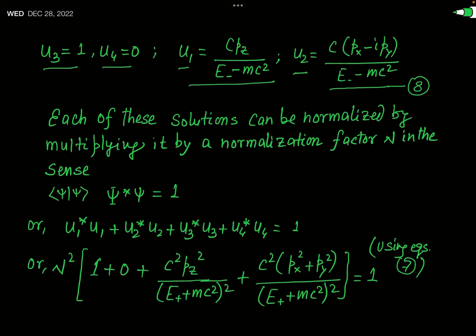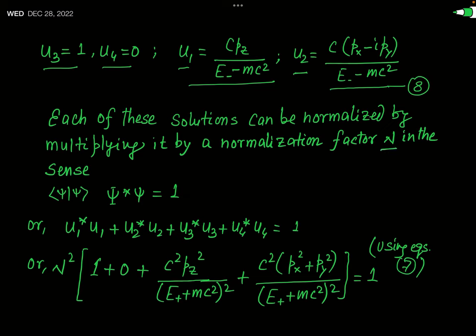Now, all these four solutions can be normalized. You know, when you want to normalize an eigenfunction, you have to multiply it by a normalization factor. So let us consider that n is the normalization factor.